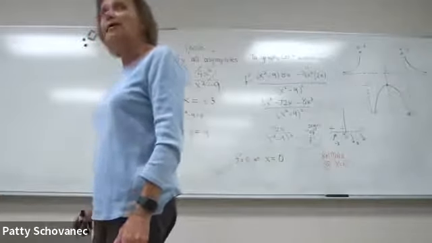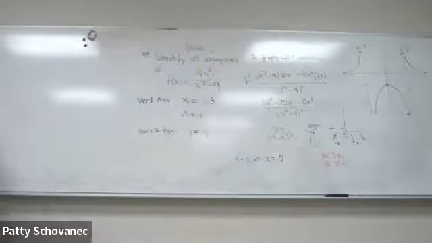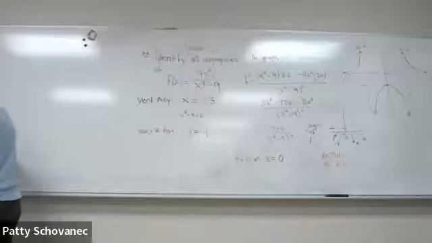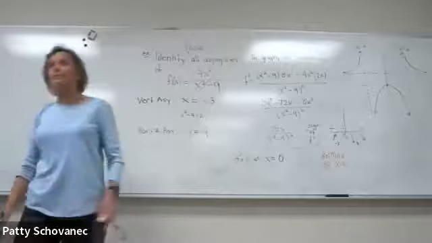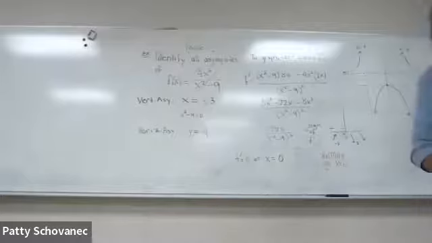There are no vertical asymptotes because x squared plus 4 is never 0. If I try to find them by setting the denominator equal to 0, I get a sentence that says x squared is -4.